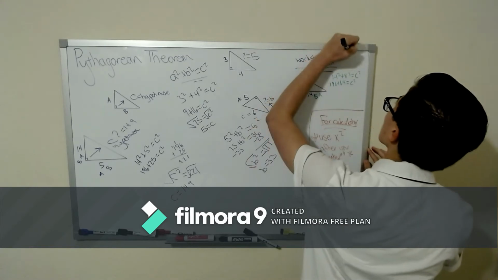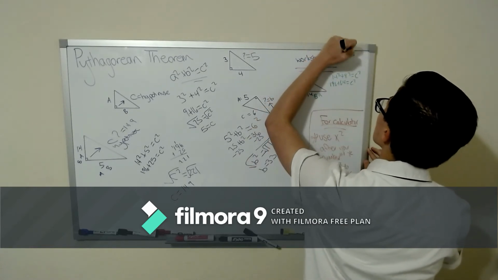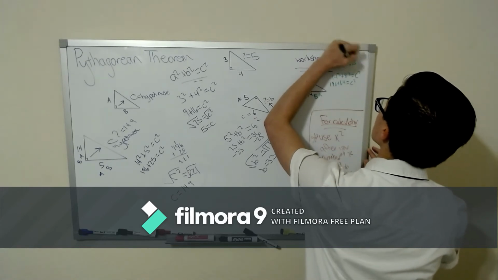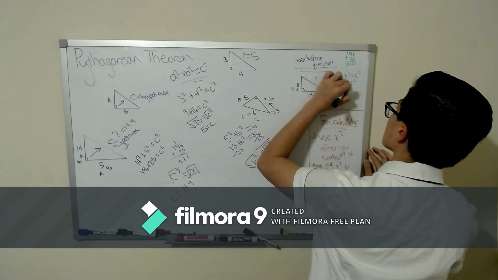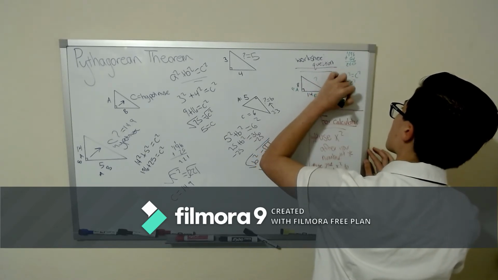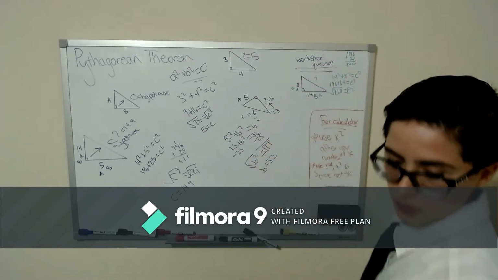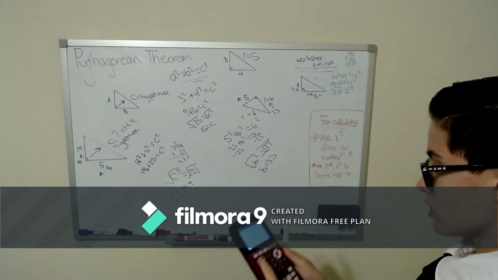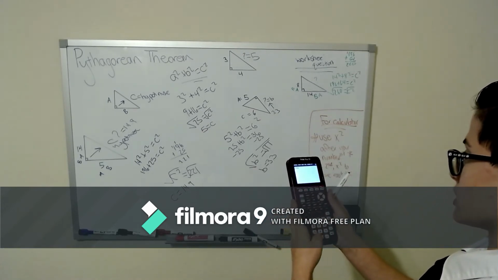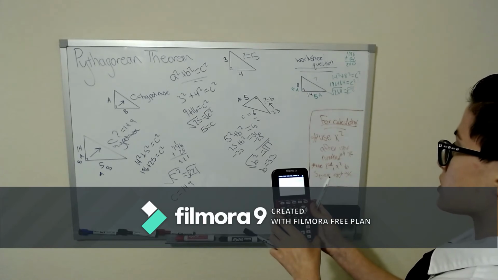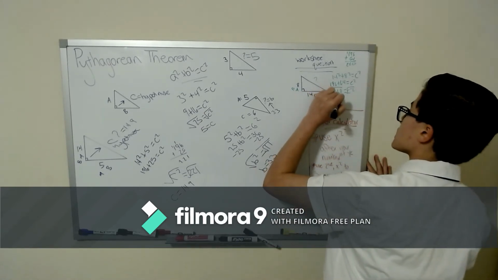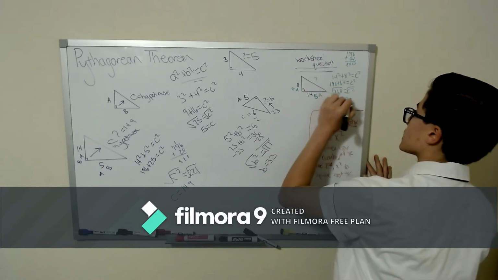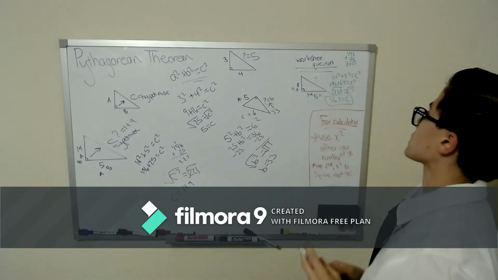So 196 plus 64, that's 260. So 260 equals C squared. And you would square root it. The square root of 260 is 16.1. So 16.1 equals C. And that is your answer.